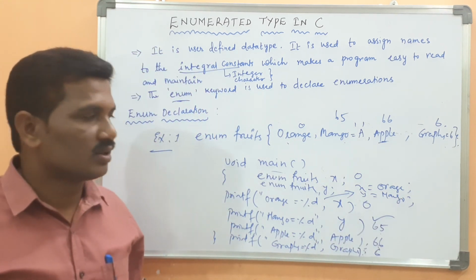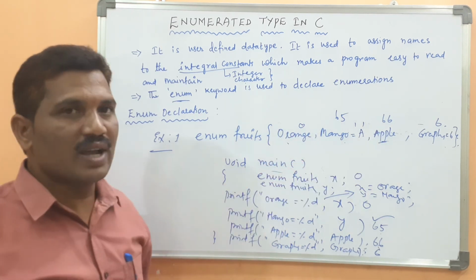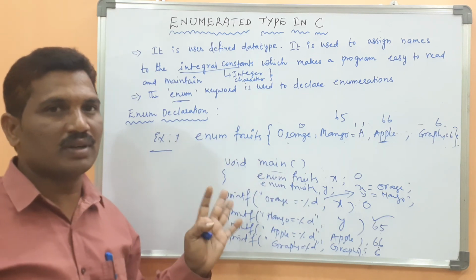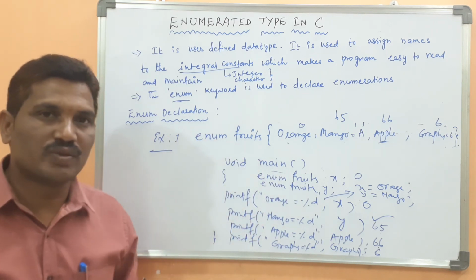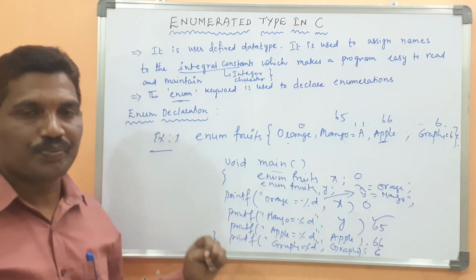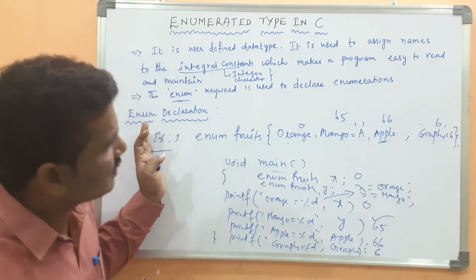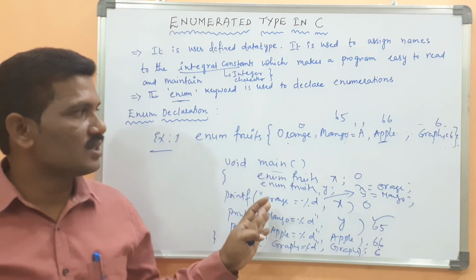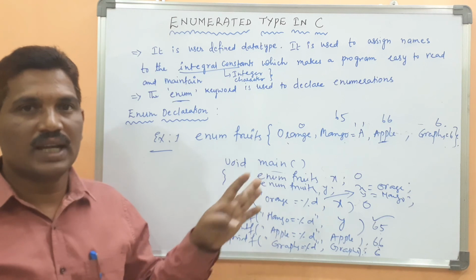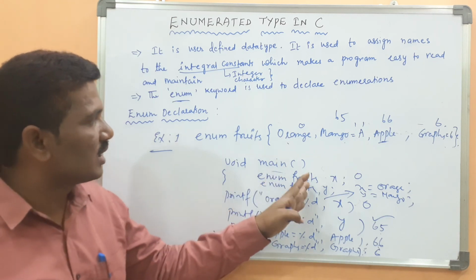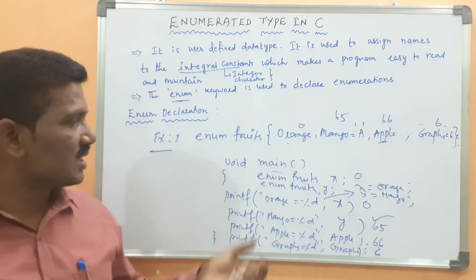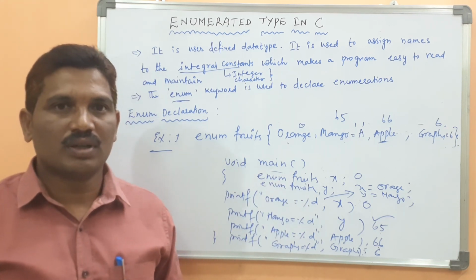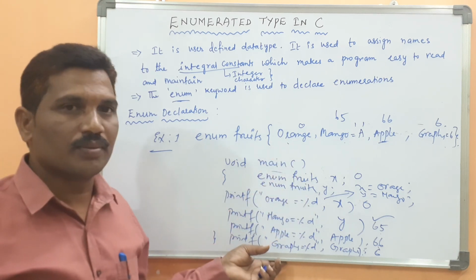Either you can directly display these values, or store the enumeration constants in a variable of the enum type and then use those variables in your program. Got my point? This is the syntax and declaration, how to initialize the enumerated type in C programming, and how to declare a variable of the enumerated type. This is a simple example I have given. You can take any kind of example.